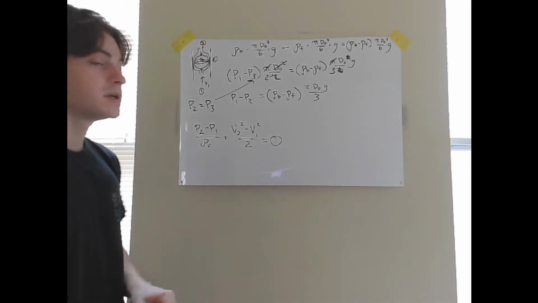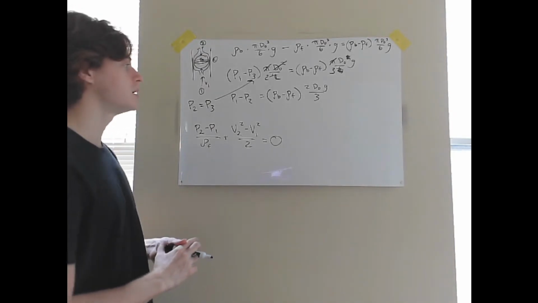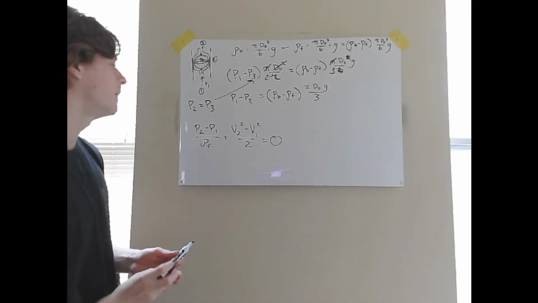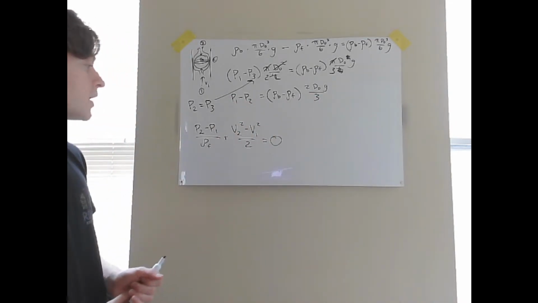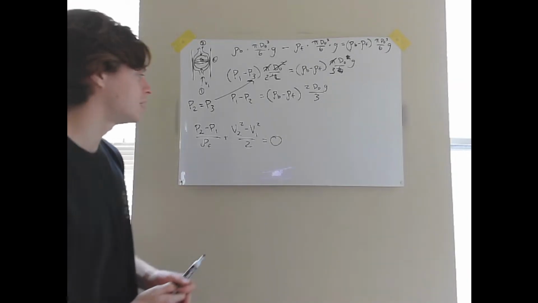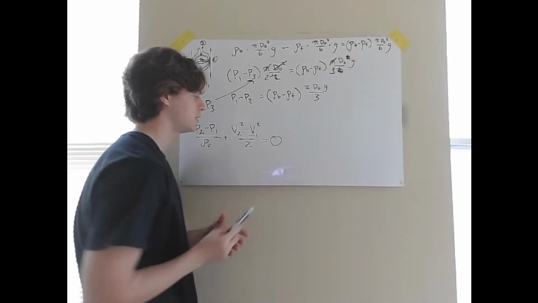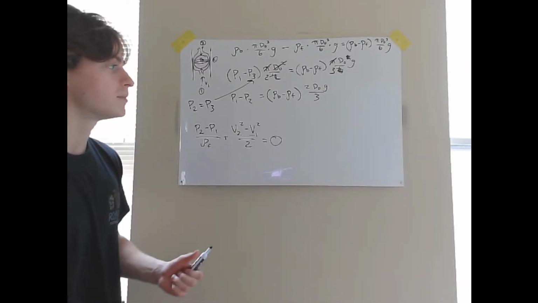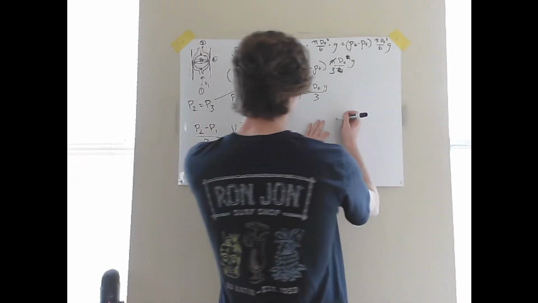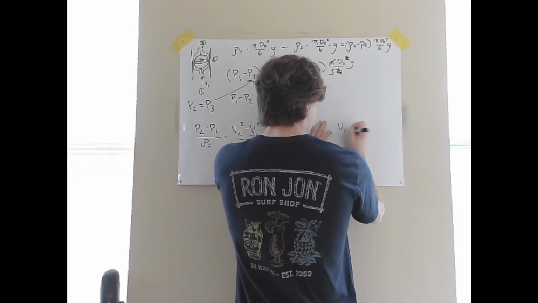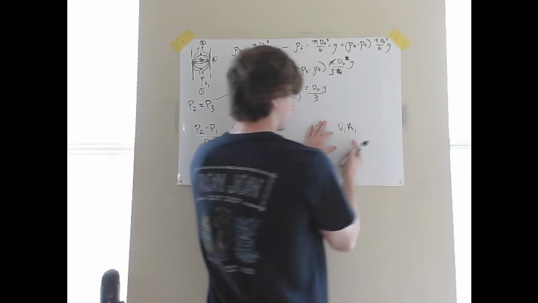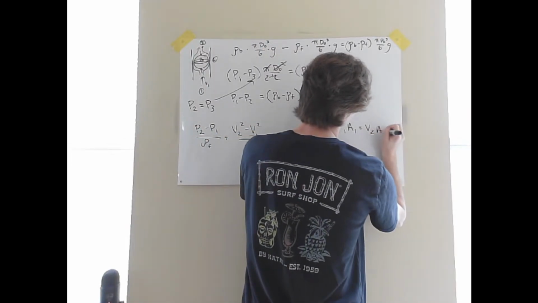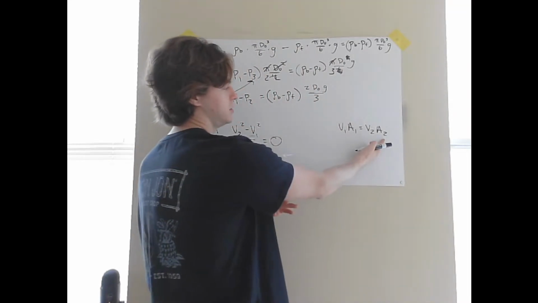So our next step is I'm going to massage this equation a little bit, so we'll be able to incorporate our force balance into this equation. The first step for that is I want to rewrite the velocity at position 1 in terms of the velocity at position 2. I'm going to use the relationship that the velocity at position 1 times the cross-sectional area of position 1 is equal to the velocity at position 2 times the cross-sectional area of position 2.